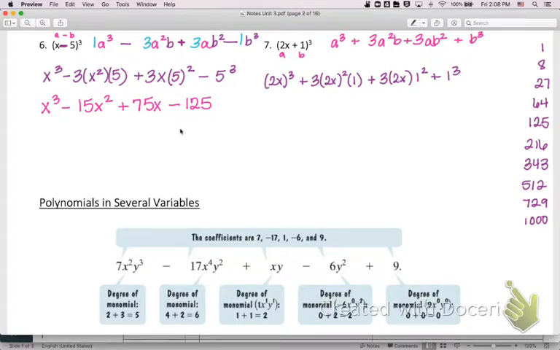So when we clean this up, we get 8x cubed, cube the 2, 3 times 4x squared, so that's going to be plus 12x squared plus 6x plus 1. Okay. Those are the basic ideas there. We are going to look at polynomials in several variables in the next video.